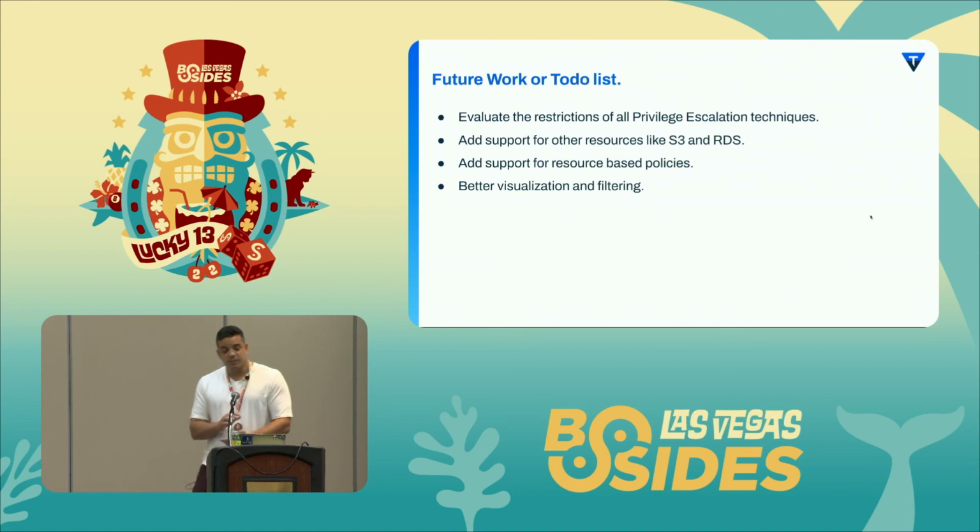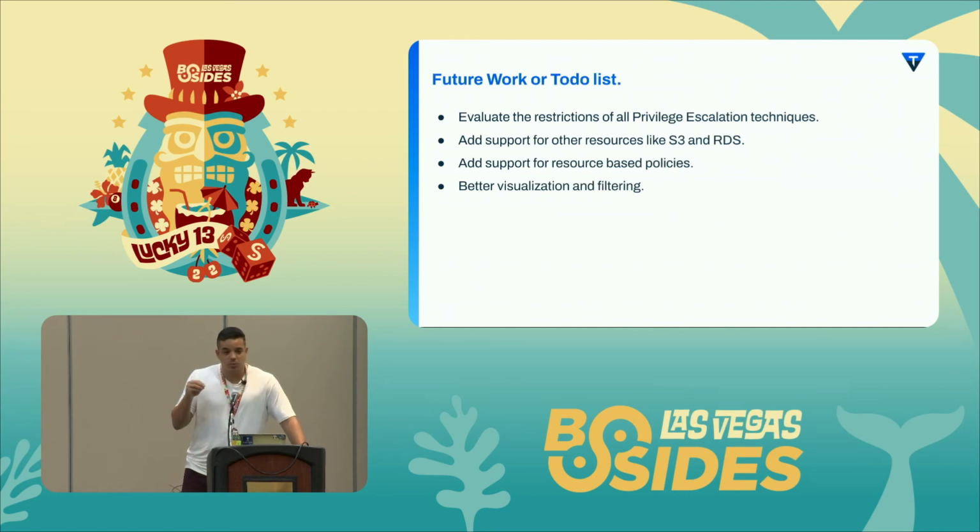So we have some future work to do, or our to-do list, as we used to call it. One thing that we want to add to this tool is to be able to evaluate restrictions of all privilege escalation techniques, because, for example, there are some kinds of privilege escalations that need an EC2 instance, that need lambdas.